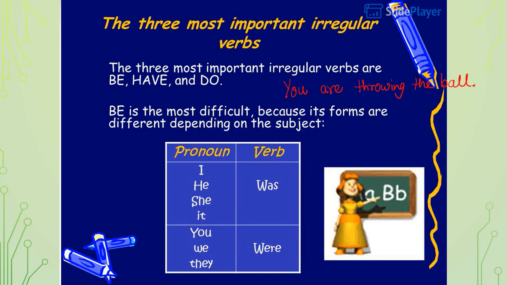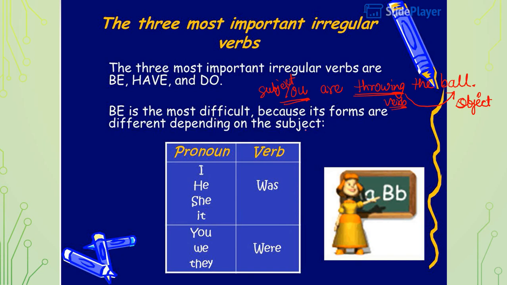Okay. So throwing is the action. It is the verb. So you will see this action is happening on what thing? It is happening on the ball. What is being thrown? The ball. So ball is the object. And who is throwing that ball? Who is doing that action? You. So you is the subject in the sentence.